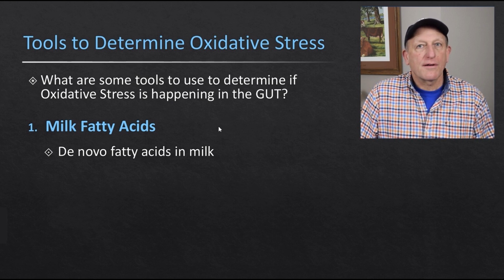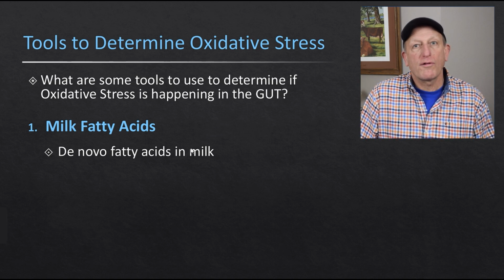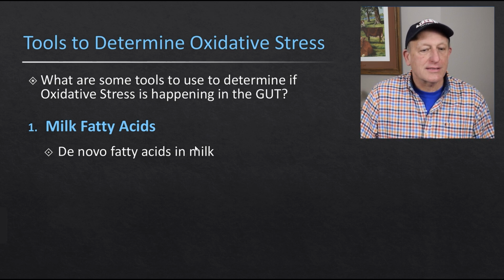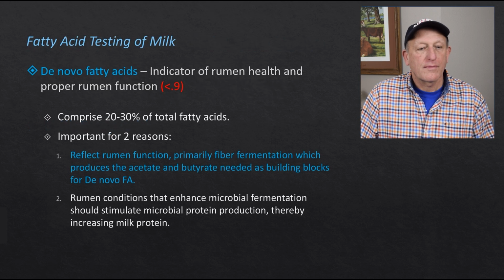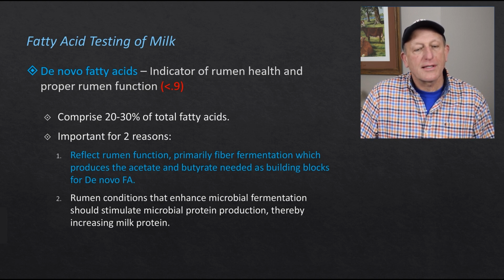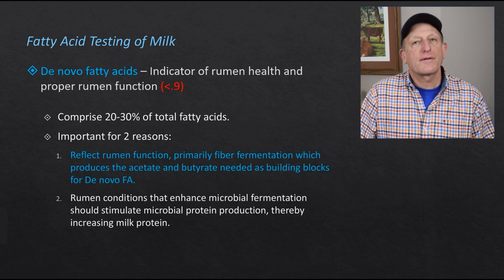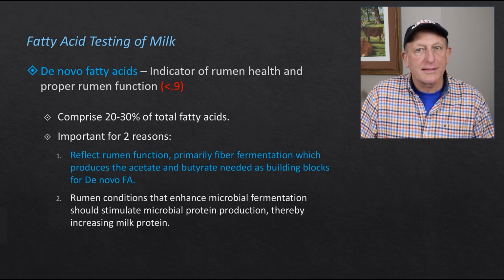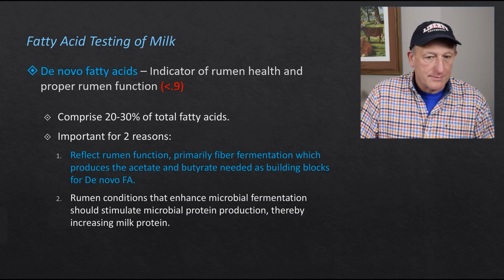Milk is composed of 3 main fatty acids: de novo fatty acids, preformed fatty acids, and mixed fatty acids. We're going to concentrate on de novo fatty acids. De novo fatty acids are important because they are primarily composed of the products from acetate and butyrate fermentation in the gut.